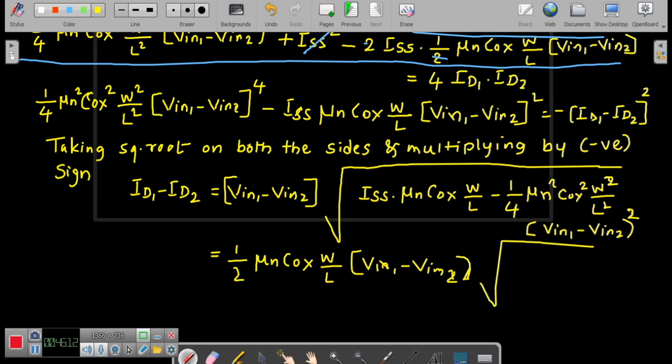we are going to get this as 4 into ISS divided by mu n COX into W by L. So there is a small mistake in writing, so please accept it.